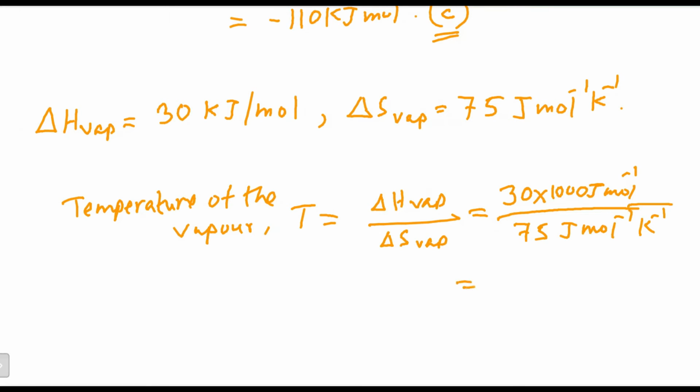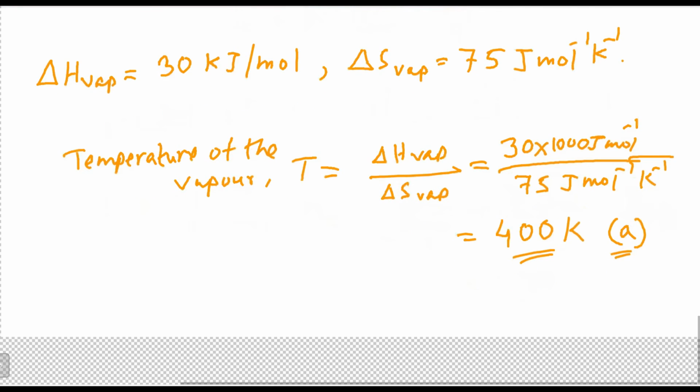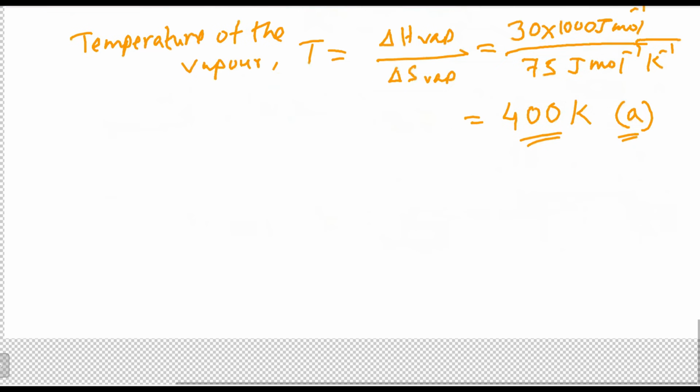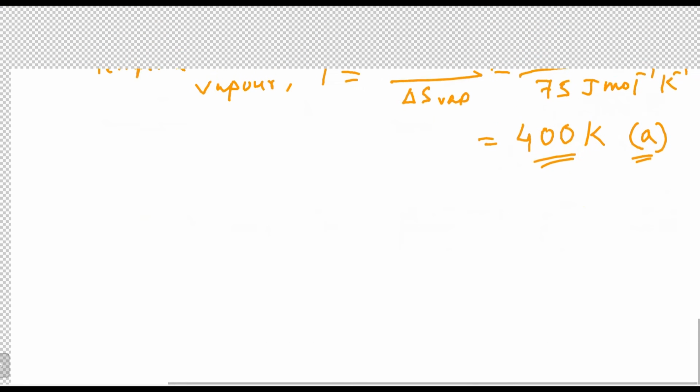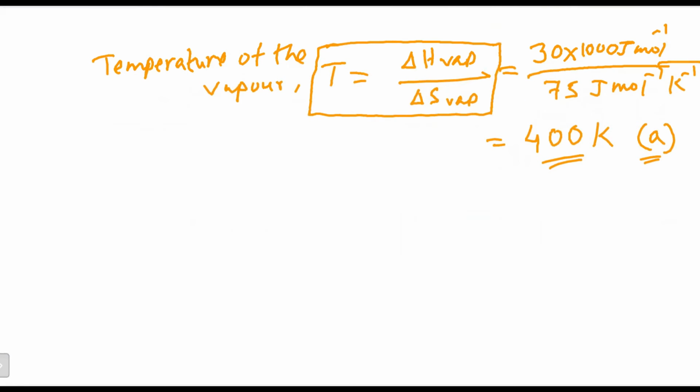If you solve this, you will get 400 Kelvin. So according to the options, option A will be the correct answer. This is a very simple problem, you just have to remember this formula: T is equal to delta H vaporization by delta S vaporization.